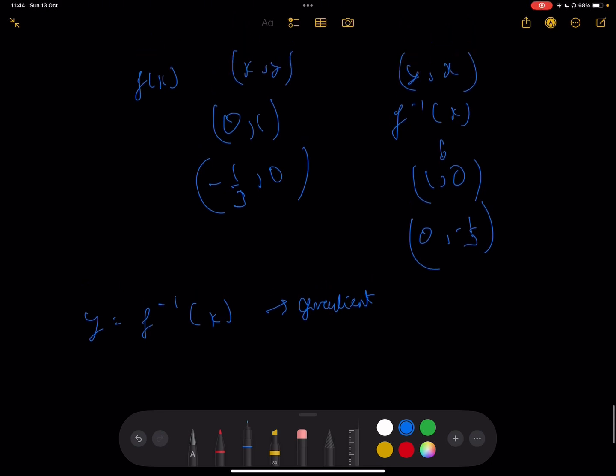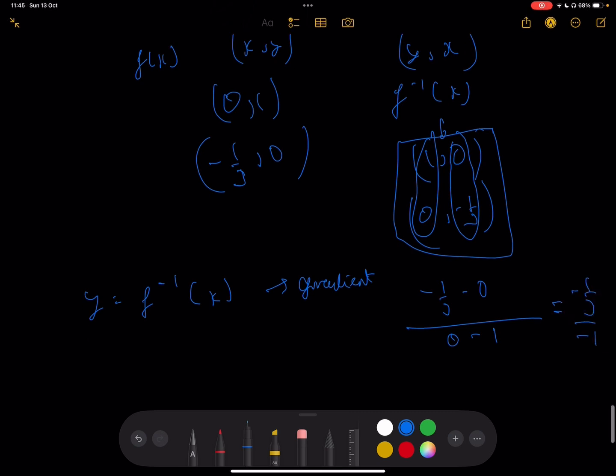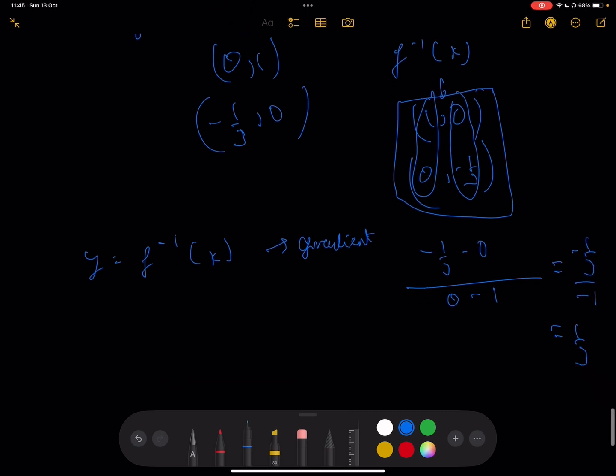We have 2 points here. They're both intercepts, and we might as well use them since we've already worked them out. So what are the y values? We have negative a third, minus 0. These are the 2 y values, and these are the 2 x values, over 0 minus 1. So we get negative a third over minus 1, which is just equal to a third.